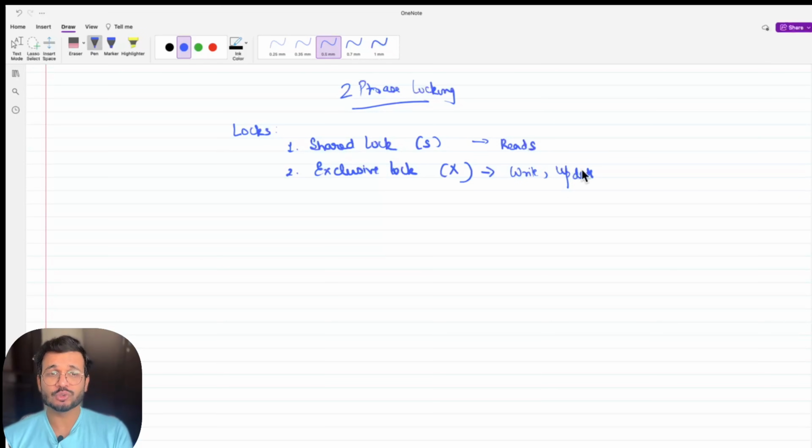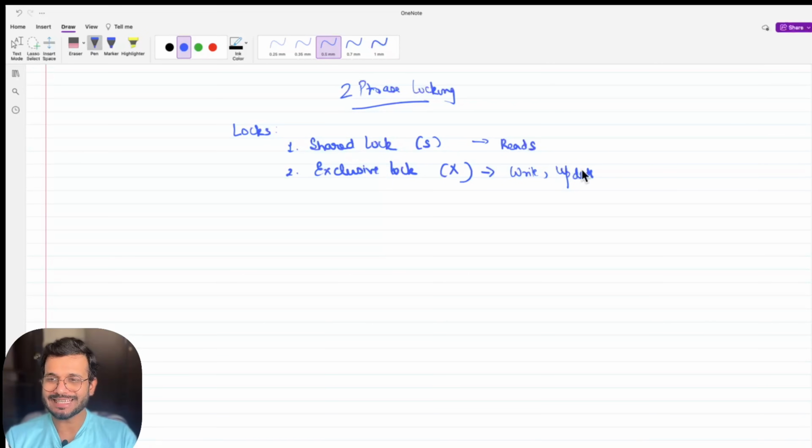Whenever there is an exclusive lock, mark my word, you cannot even give a shared lock to anyone or any other exclusive lock. That is the main difference between the two locks. Shared locks can be shared and are generally only for reading, whereas exclusive lock is only one. And once the exclusive lock is there, nobody can acquire a shared lock as well. Everyone has to wait till the exclusive lock has been released.